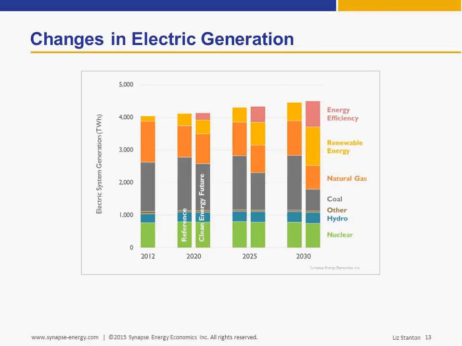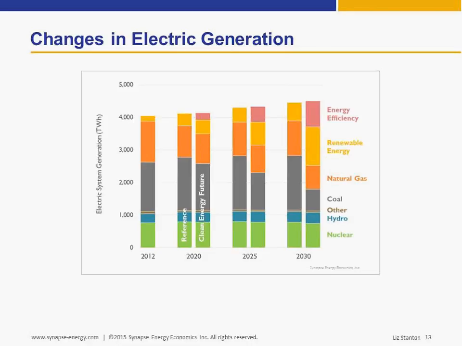One thing we're asked about is that if this is generation, it looks like the clean energy future generation is larger than the reference case generation, but actually energy efficiency is stacked on top of the generation here. So the need or demand for electricity would be larger in the clean energy future, but a lot of that would be met through efficiency.